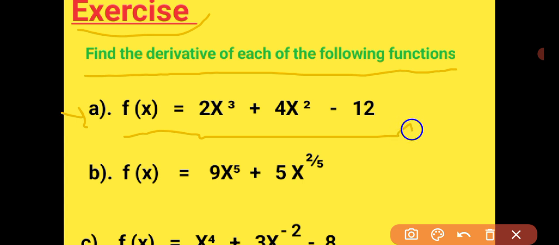But since it is a question which is given in this form, you must first write a few steps to show your method in order for you to get all the marks which are for that number. And now part B here, we have f of x is equal to 9x power 5 plus 5x to power 2 out of 5.